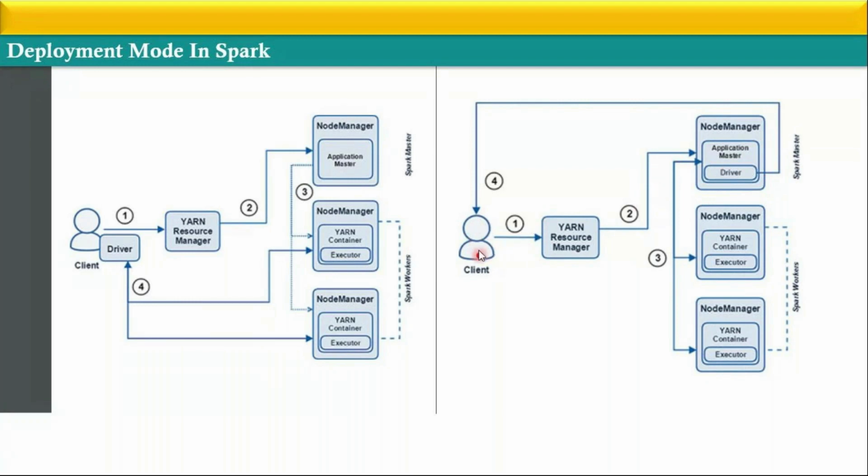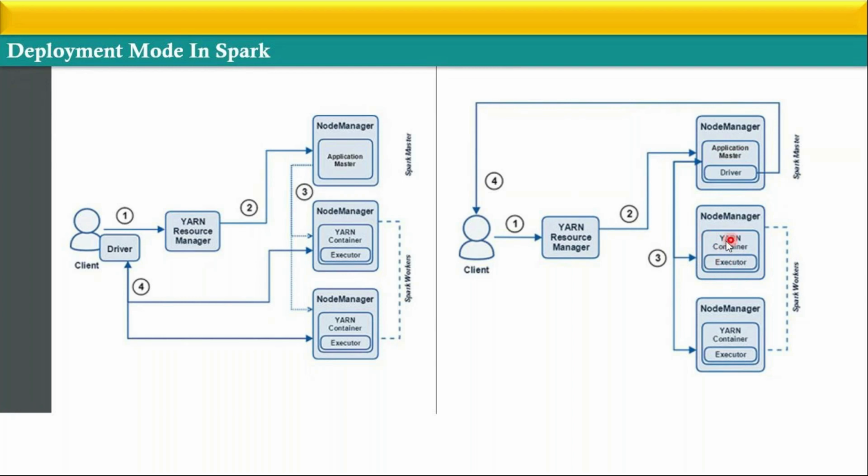So the client comes and says, hey YARN resource manager, I just want to perform the execution of a certain application. Then it is going to initiate the application master. Once the application master is initiated, it is going to bargain for the resources. And once it has the information about resources, it is going to start the executors.